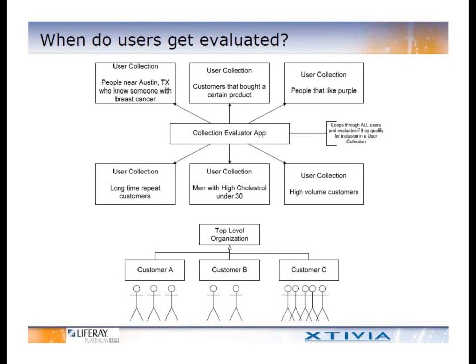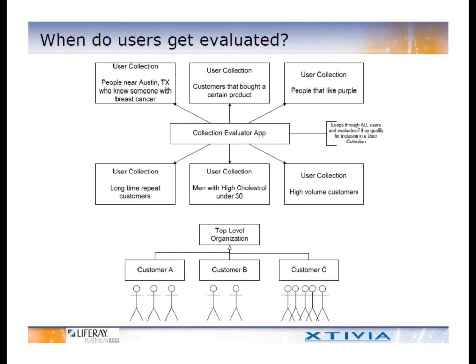All right, so when do the users get evaluated? This is part of that nightly batch process. The way that batch process works is, we have an actual user collection evaluator application, which uses the same component that's used for the rules engine and part of the back-end portion of the portlet.